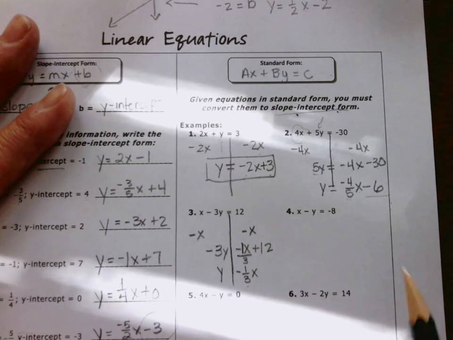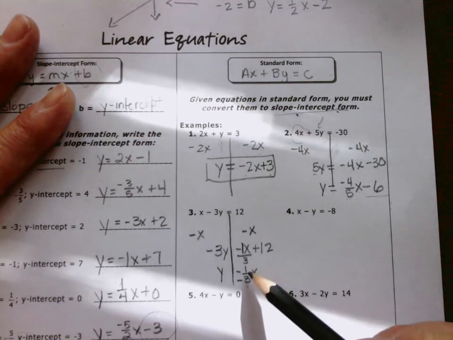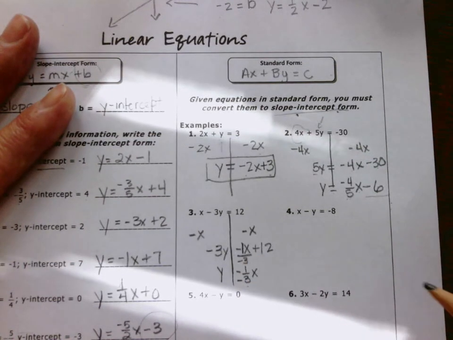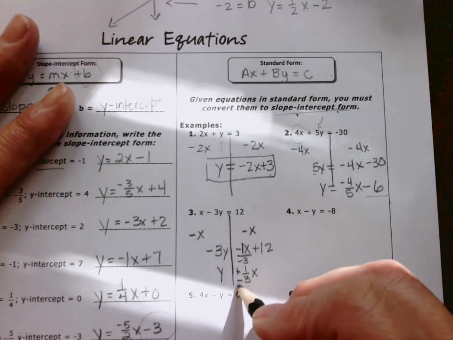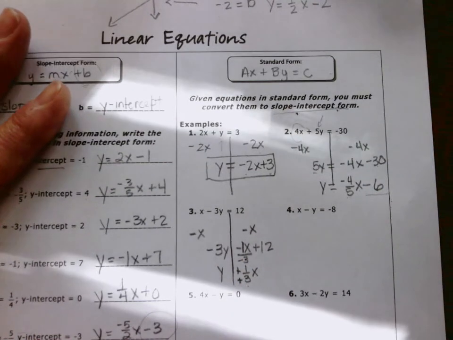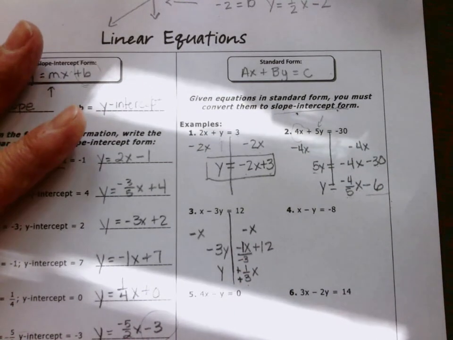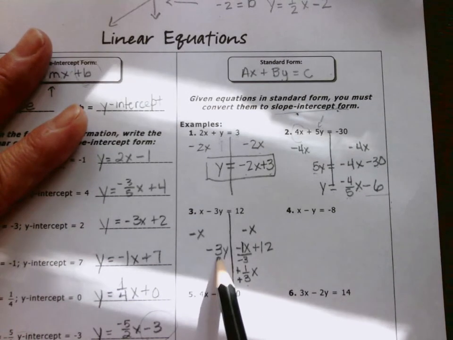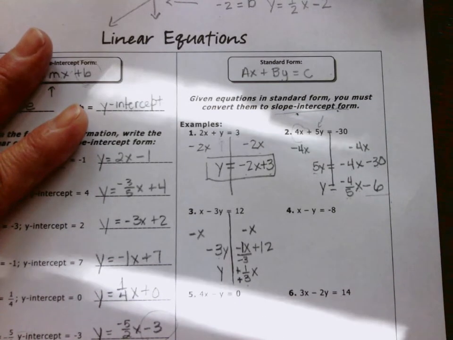Oh, and this was a negative 3. Yes, it's important to remember that. Notice I divided negative 1x by negative 3, which would give me a positive slope of positive 1/3. So there's a real easy spot for mistakes when you're dividing by a negative. Keep that in mind.